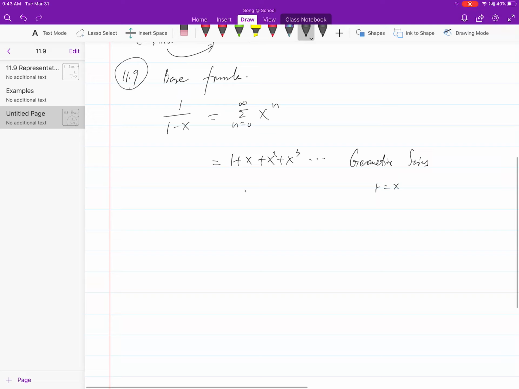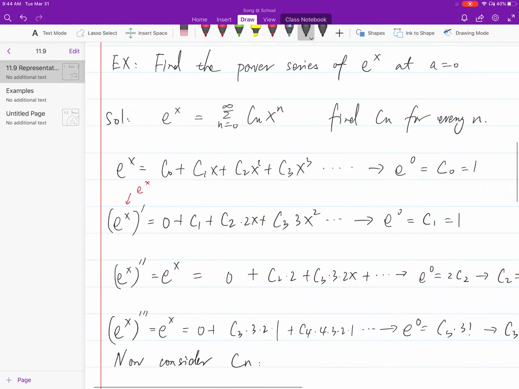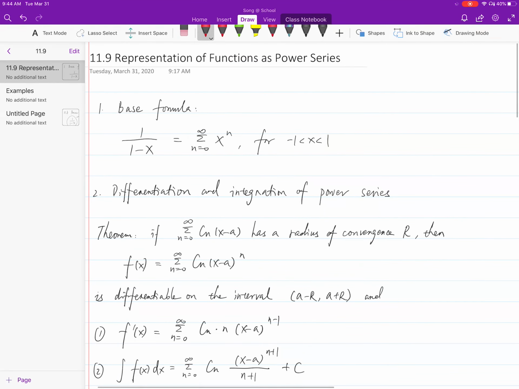Therefore, to use the formula a1 divided by 1 minus r, a1 is 1 and r is x, that's how we get this power series representation. Moreover, we know this one converges if the absolute value of x is less than 1. So with everything in this section, we will be focusing on anything related to this formula. It will be very restrictive, but we can already do a lot of interesting things.